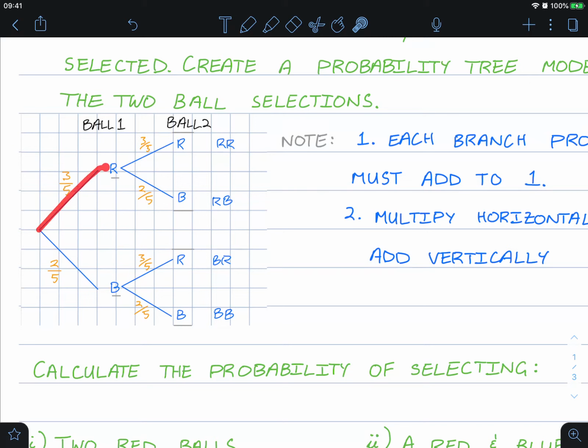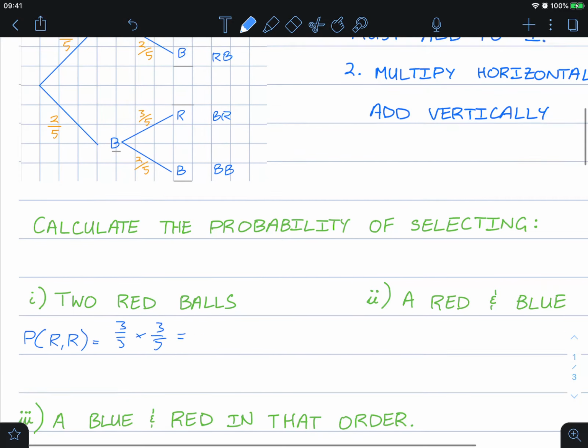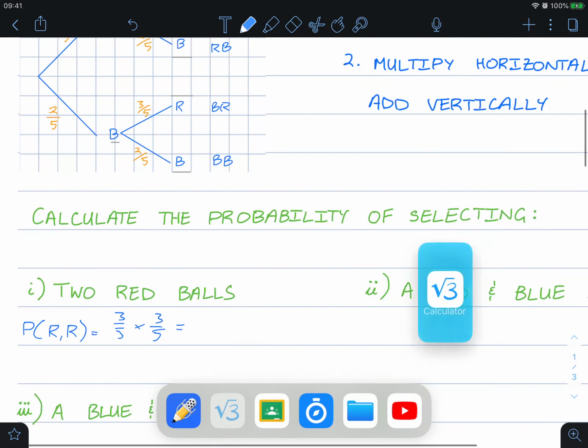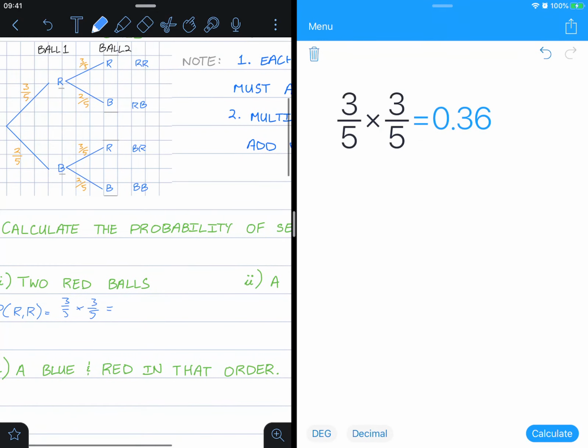So red, red. The numbers that we took to get here are 3 out of 5 times 3 out of 5. Straight into our calculator, we get 0.36, but let's leave this as a fraction. That's 9 out of 25.